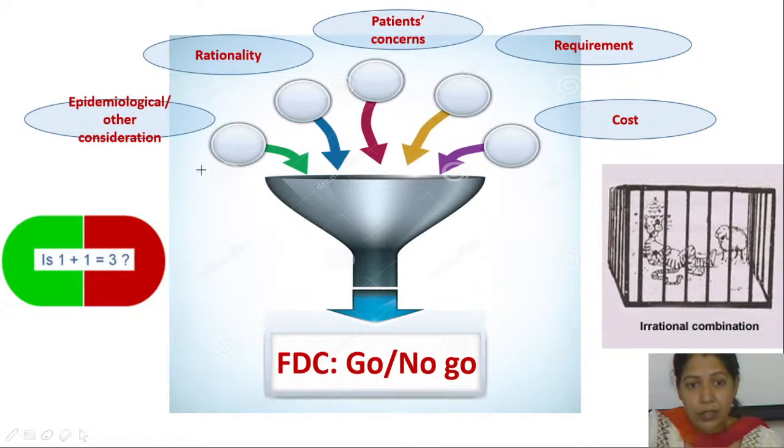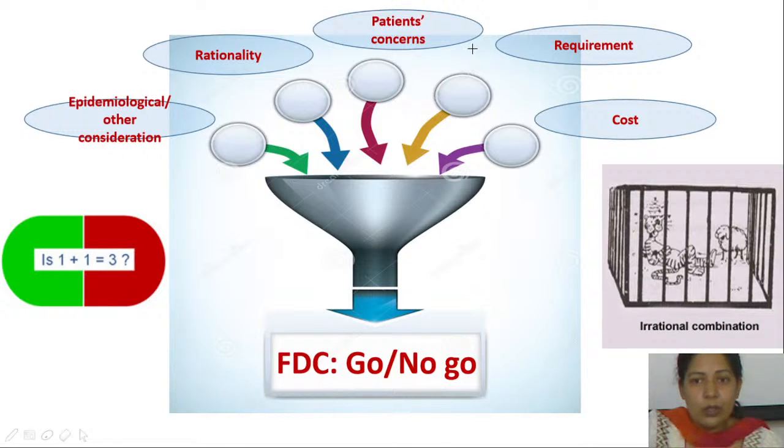Of course, there has to be rationality, but there is added reason to overlook some amount of rationality to develop a fixed dose combination. And then the patient's concerns and requirements in terms of simplification of the regime, in terms of administrative and logistic support.